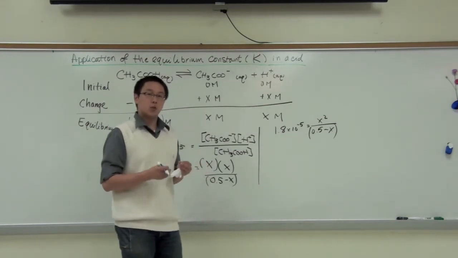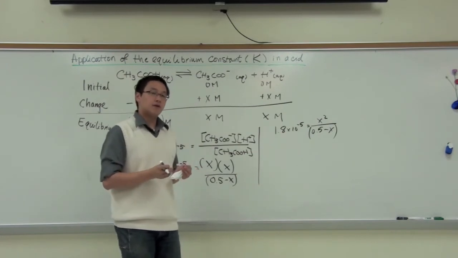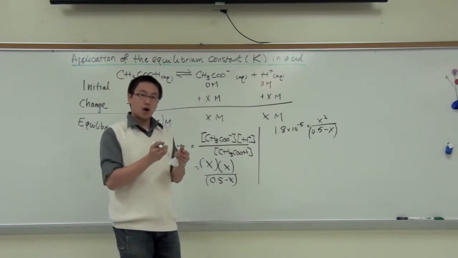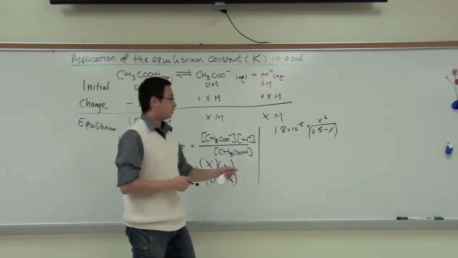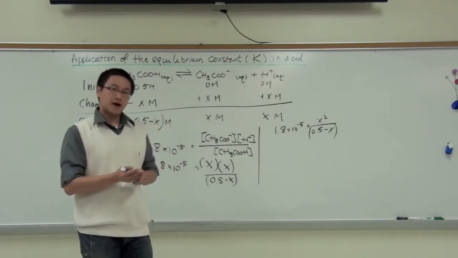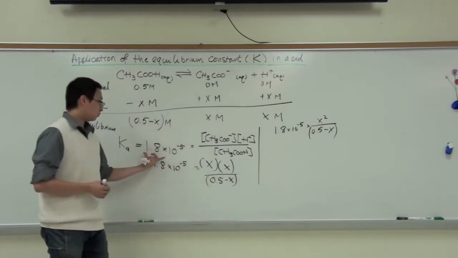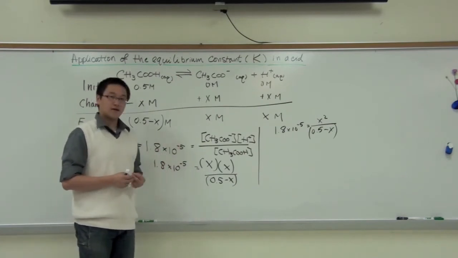Now, in chemistry, we would like to try to simplify the process. And to simplify the process, we have to base on one simple assumption. The assumption is based on the x value. Well, if we look at the x value and the K value, the K value is kind of small. It's 10 to the negative 5.